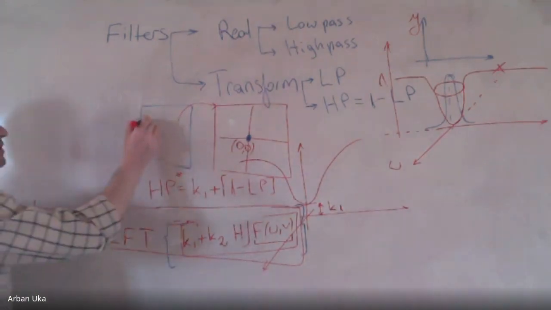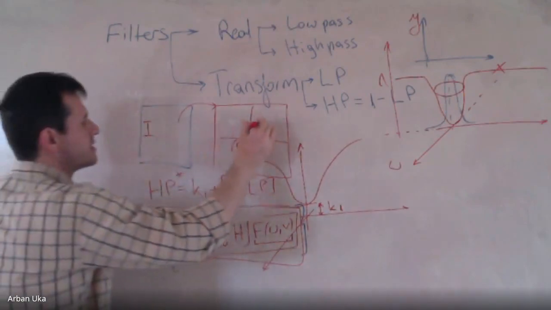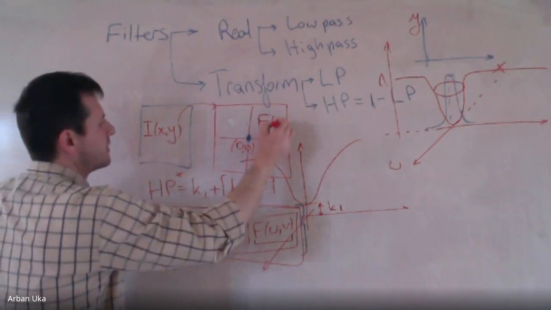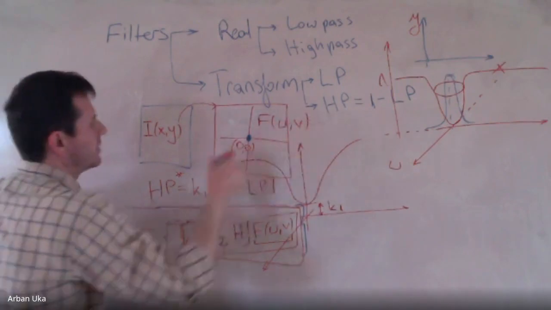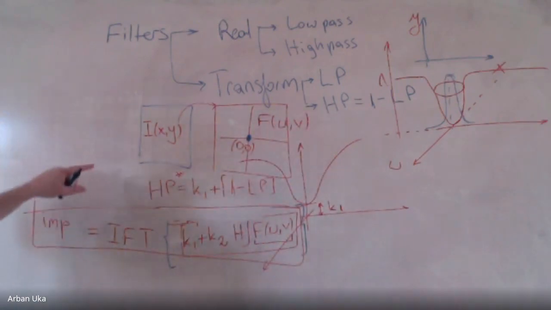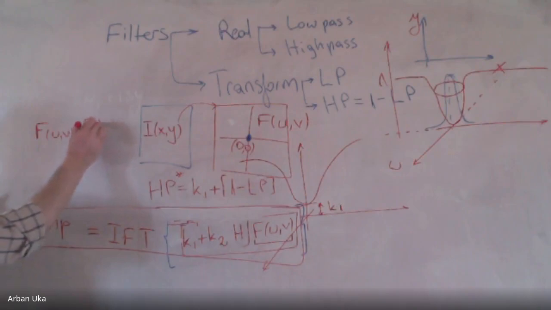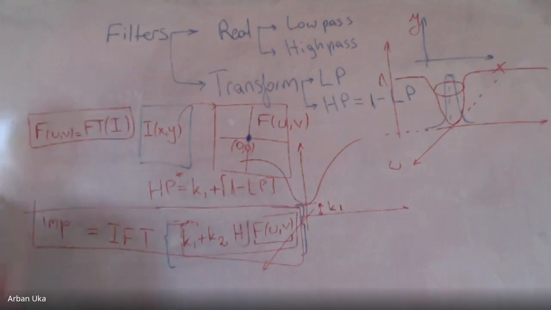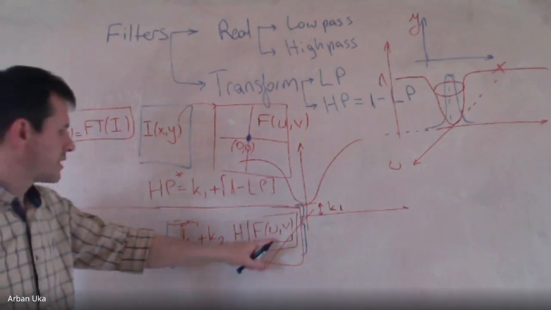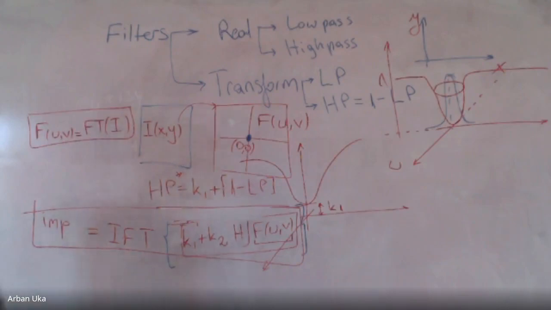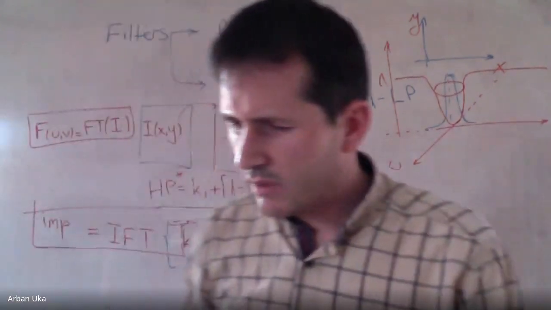Let's assume this was the image initially, image xy, and this is F of u, v. And we know what F of u, v is: F as a function of u, v is equal to the Fourier transform of the image I. So we have this Fourier transform, we multiply with this adjusted filter, and we get the improved version of the image.